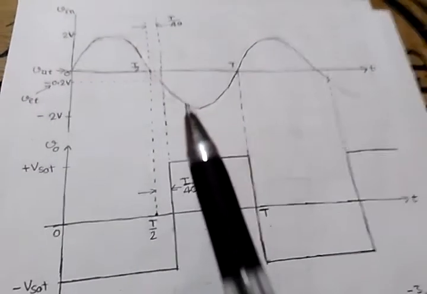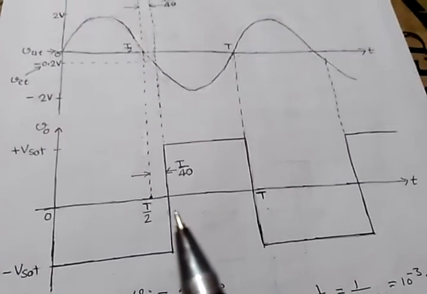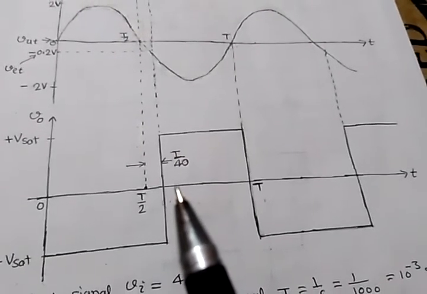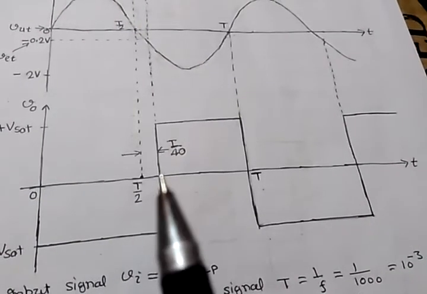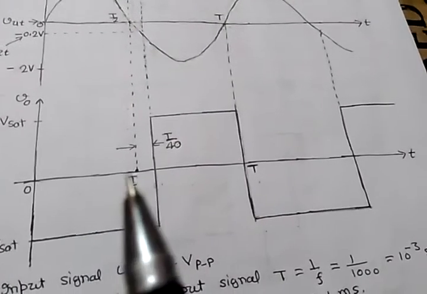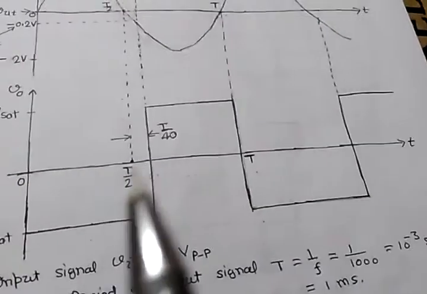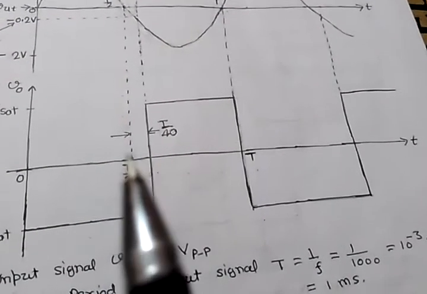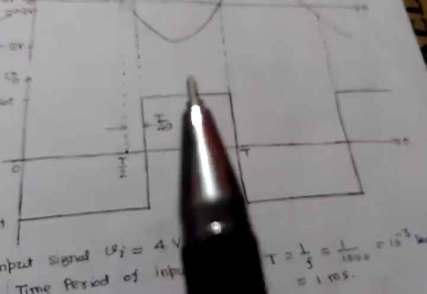See the input and output waveform carefully. From the figure it is clear that the duration of the negative portion of the output waveform, means from 0 to this duration, negative portion is this portion. Negative portion includes duration 0 to T by 2 plus this duration T by 40. So the total duration of the negative portion is T by 2 plus T by 40.